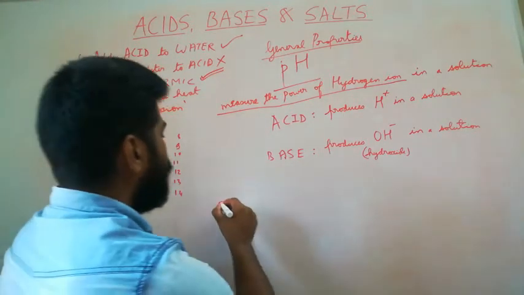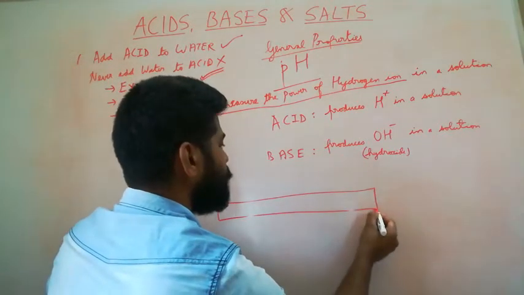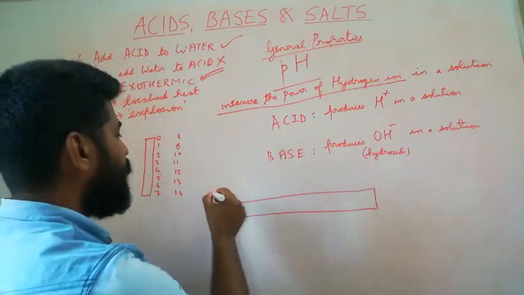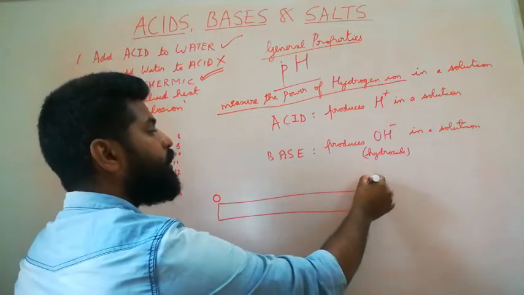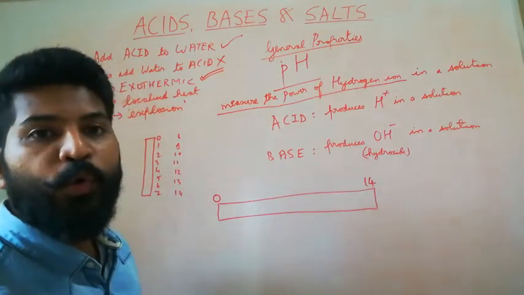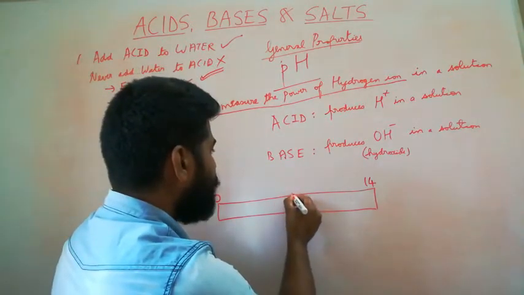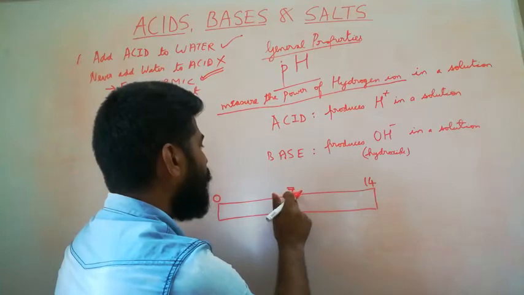So a pH paper will have numbers from 0 to 14, and we have the number 7 at the center.